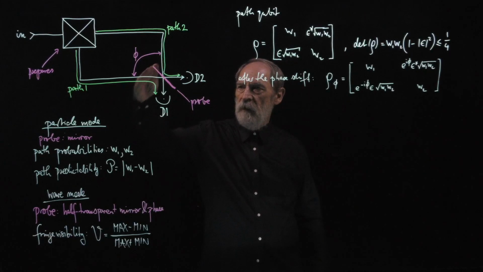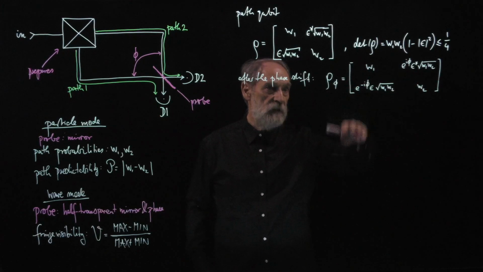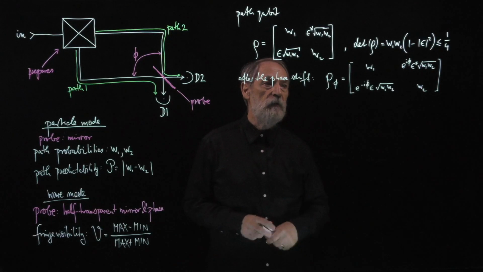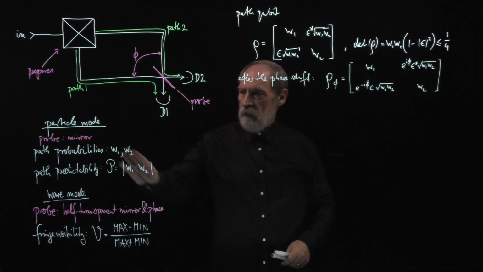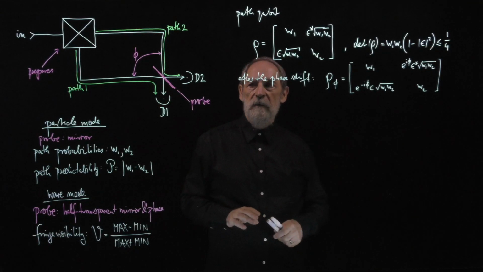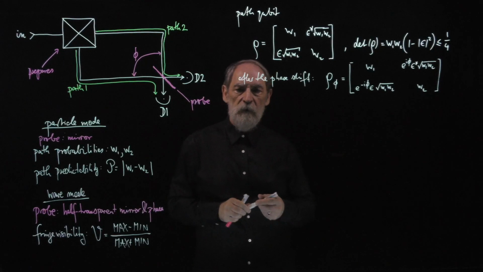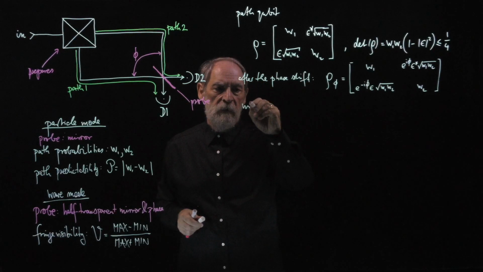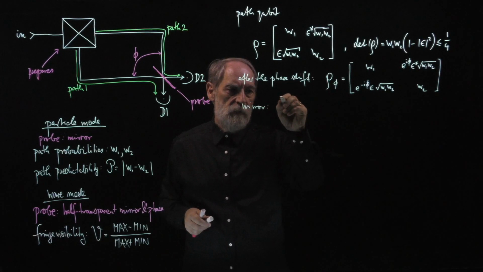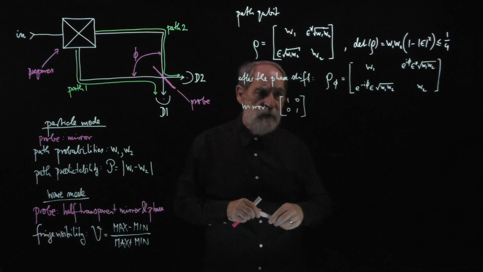We have now arrived here in the interferometer, and this is the matrix describing the state of the path qubit. Now, if we are in particle mode and there's the mirror here, then the mirror does not do anything to the path. So the mirror would just be described by the 2 by 2 identity matrix.